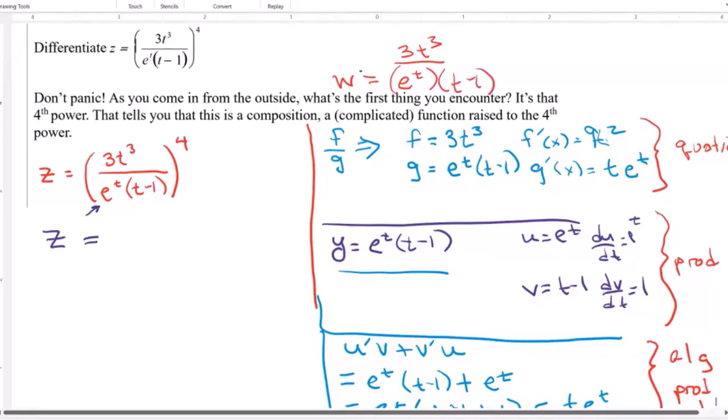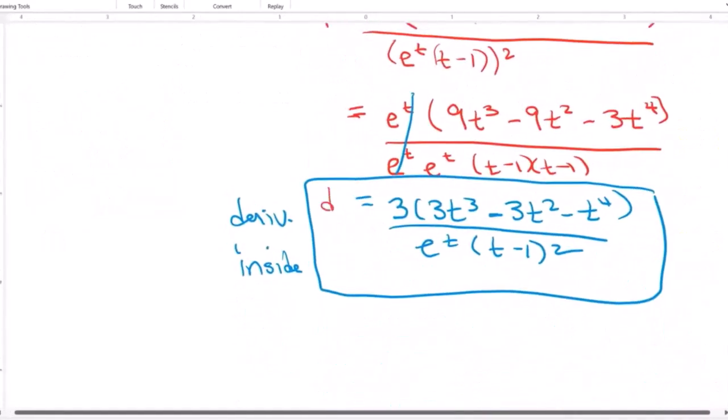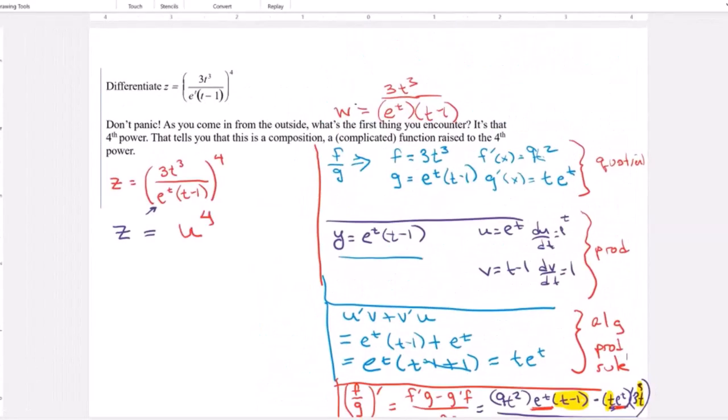All right. And we know that at the bottom here, we actually have dw dt because we found all the derivatives of everything on the inside function. So w to the 4th power. And I know how to take the derivative of that, right?